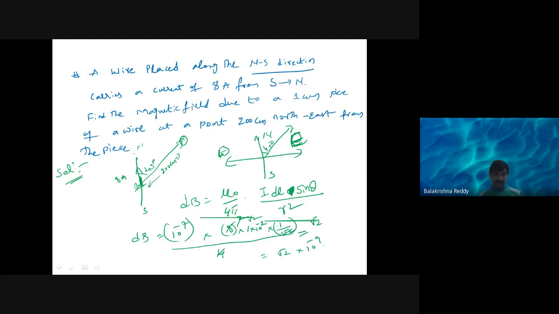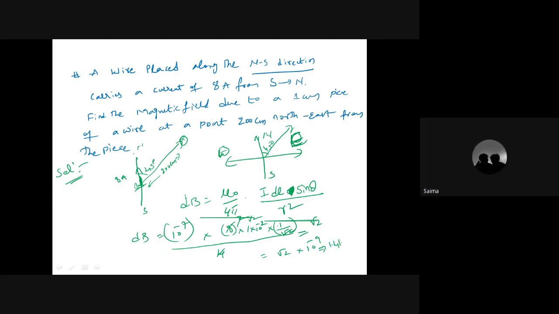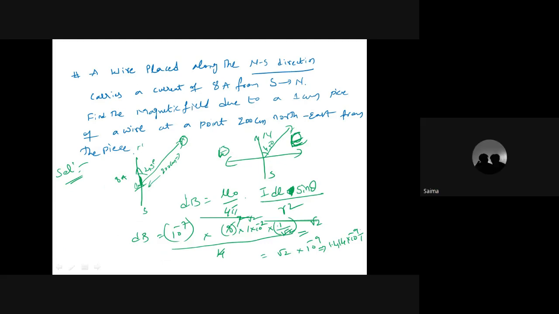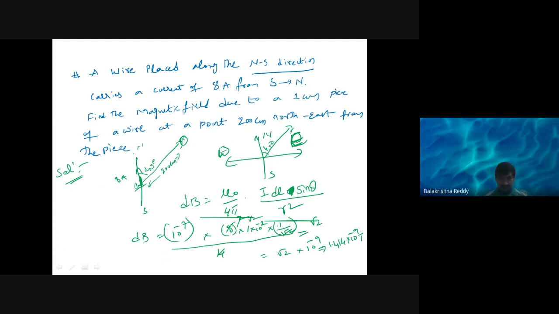The value of root 2 is 1.414, into 10 to the power minus 9 teslas. Yes, this is my answer, the dB value.